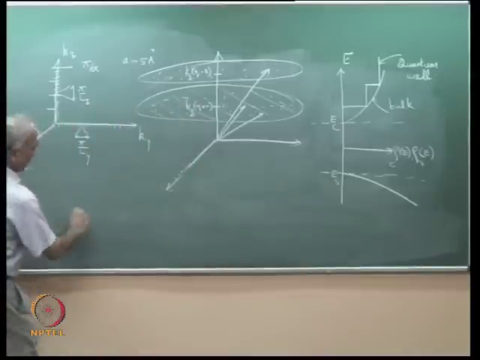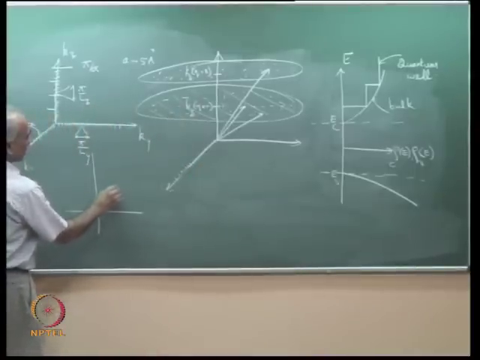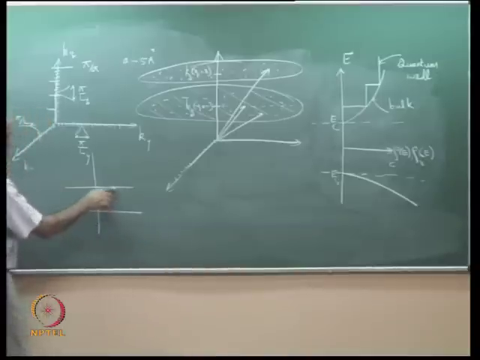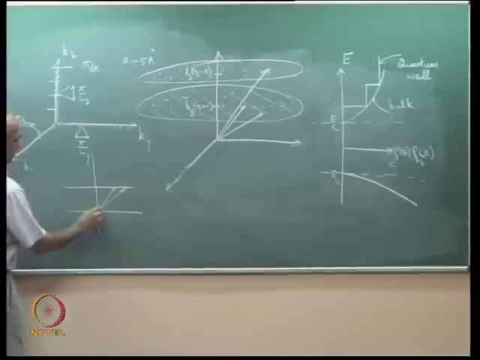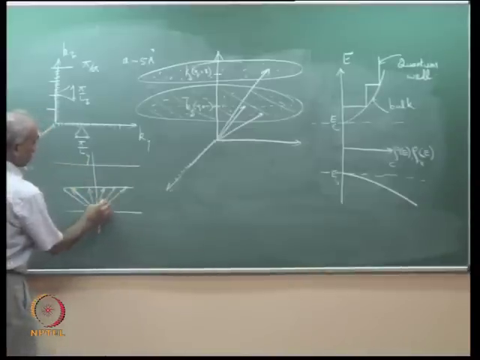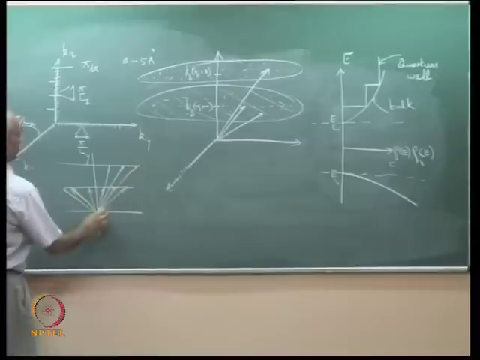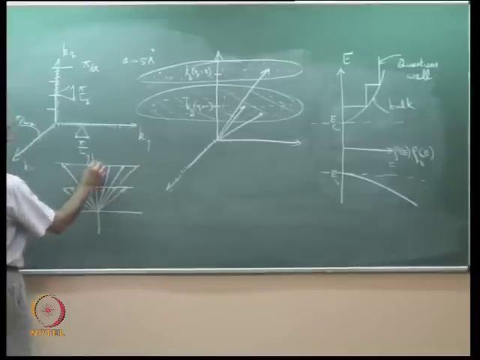If you see in one dimension, the k can have a value here, which means the tip of the k vector can sit here, or k can sit here, because there are no other intermediate values.